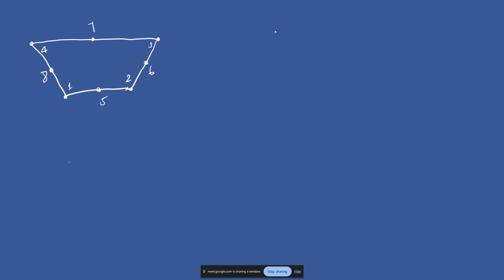And the corresponding quadrilateral in another coordinate system, the xi and eta coordinate system, you can write like this. So this is your 1, 2, 3, 4, 5, 6, 7, and 8.